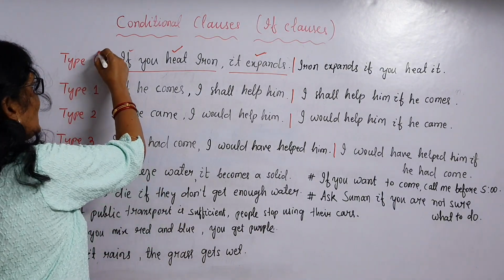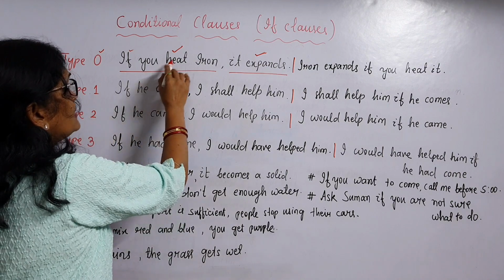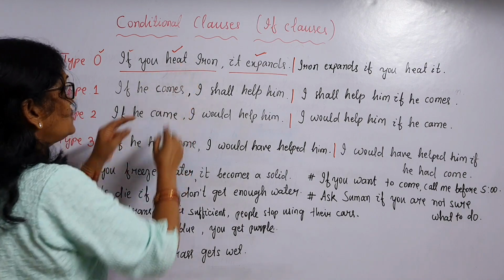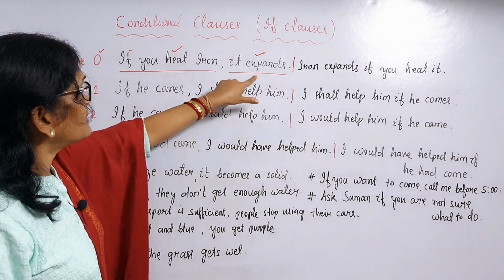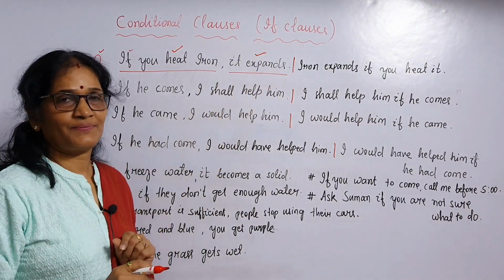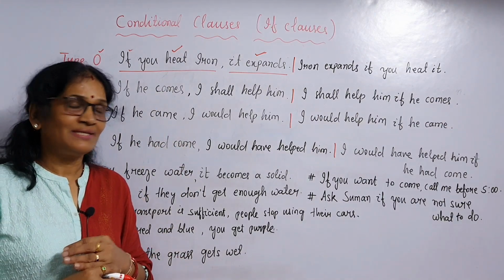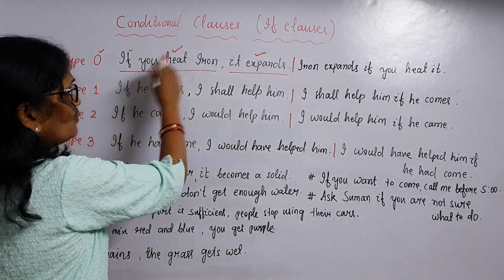This is called type 0. Why is it called type 0? Because you heat iron, that means we do something, and we get it expands. Generally, scientifically, it is a fact. There we use simple present on both sides.